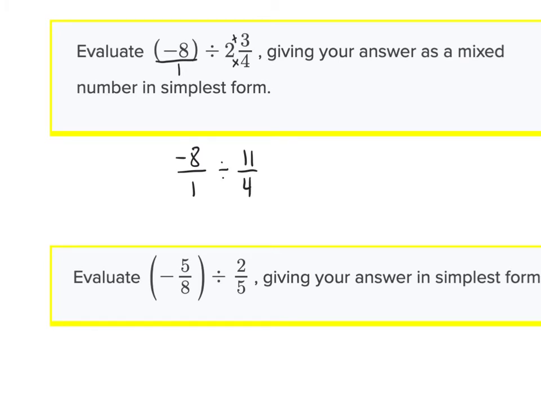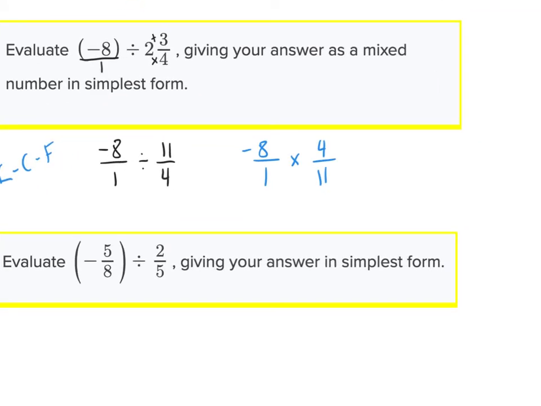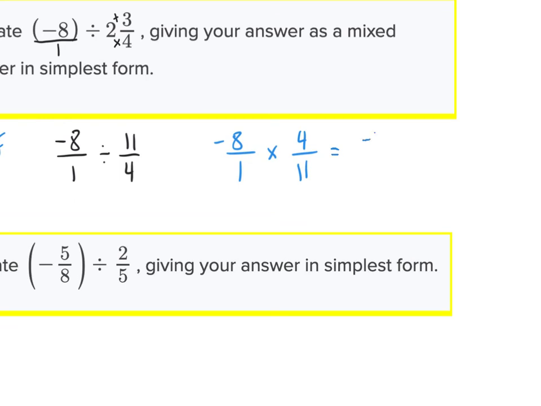So now whenever we divide fractions, we use keep, change, flip. So I'm going to keep my first one, change it to multiplication, flip my sign. Now I can just go ahead and multiply and then divide. So 11 goes into 33.